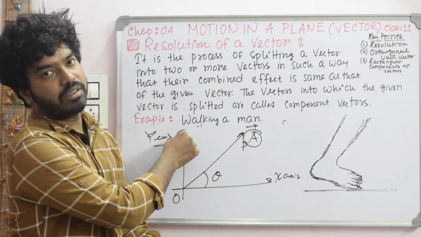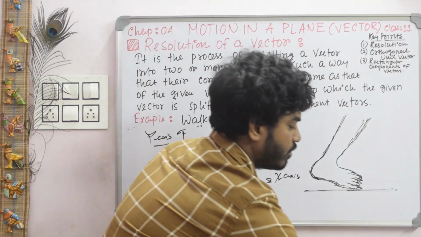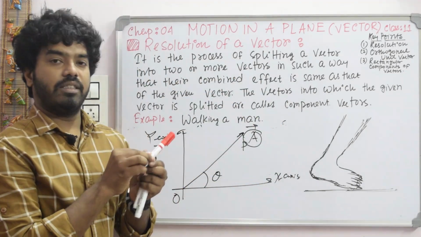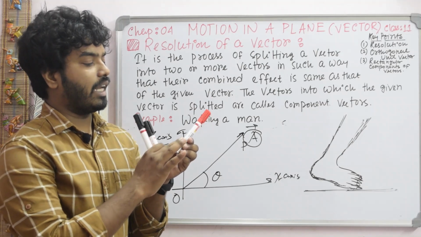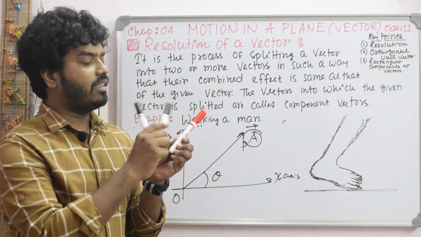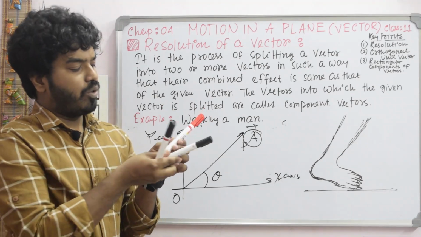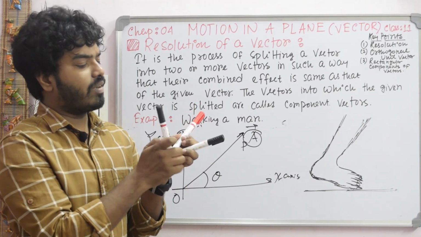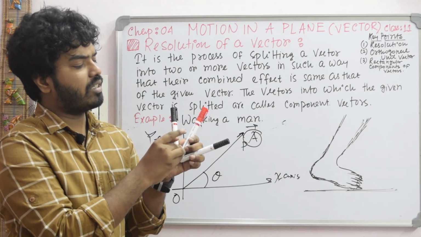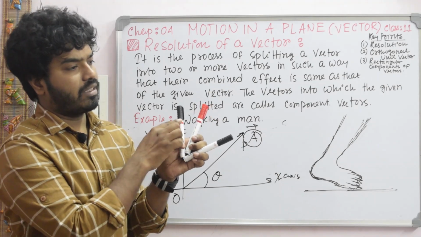Vector A has one component which is along x axis, and the y component, which is named as the vertical component. Suppose this is our vector A. So when vector A is directed along this direction, that means this vector has some component along x axis, and some component along y axis.